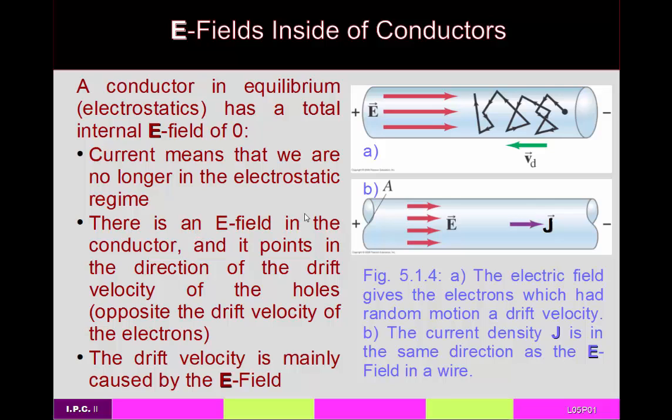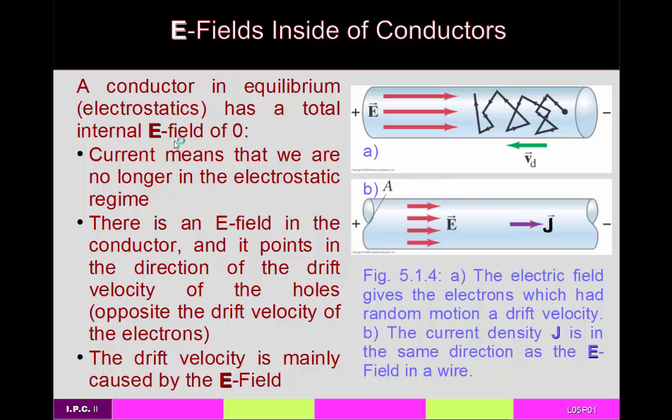And basically, the reason why they're all moving is because you've applied this field to the conductor. So you get some drift velocity. For the electrons, it's in the opposite direction of the field. For the holes, it's the same direction as the field. And this drift velocity is basically being caused by this applied electric field.